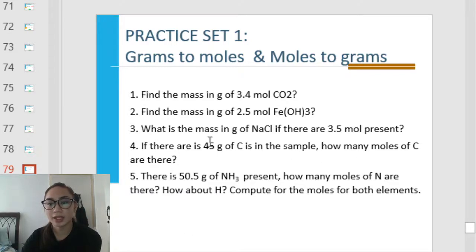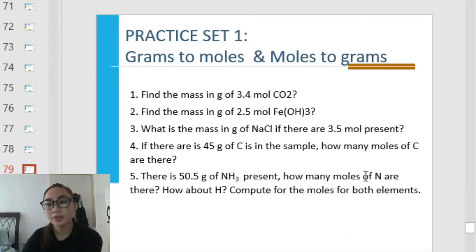Okay? For 4 and 5, we have to find the moles, no? Dito naman, given yung grams natin. So, if there is 45 grams of carbon is in the sample, how many moles of carbon are there? So, you have to find the moles. For number 5, this is quite tricky. So, para tong binigay yung ating compound, there is 50.5 grams of NH3 present.